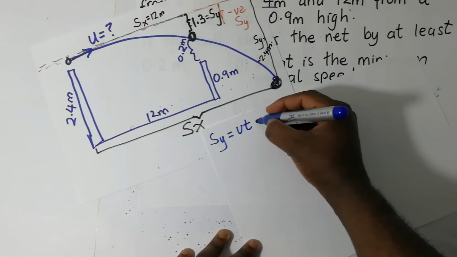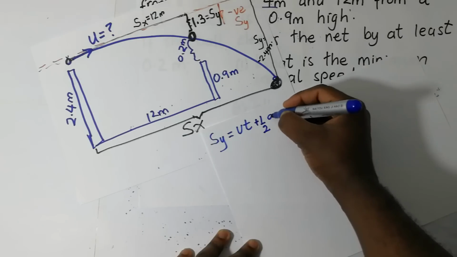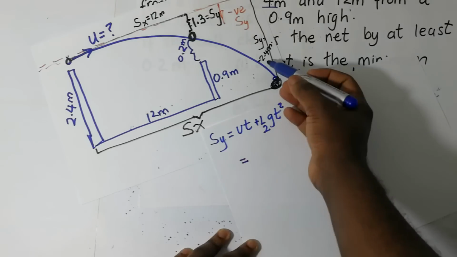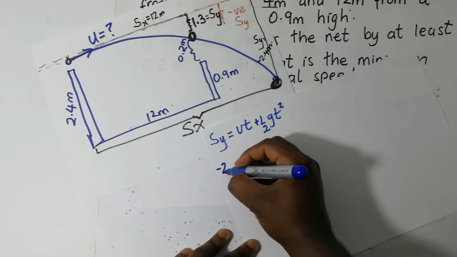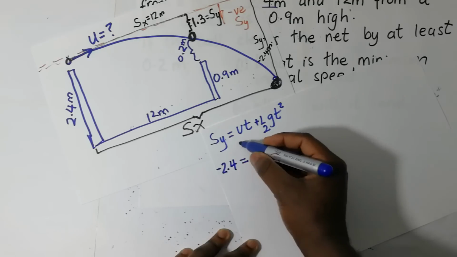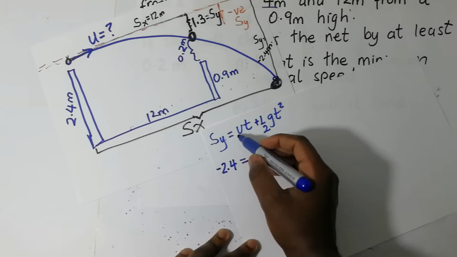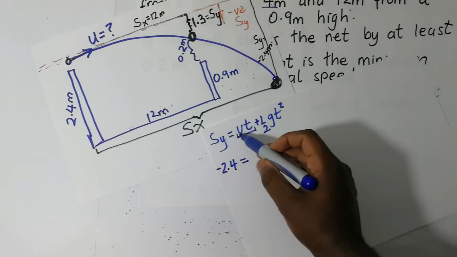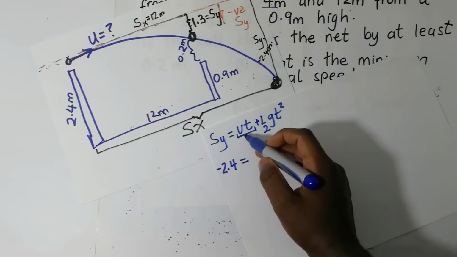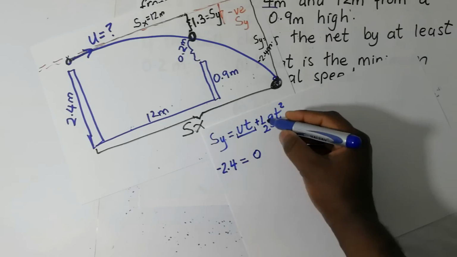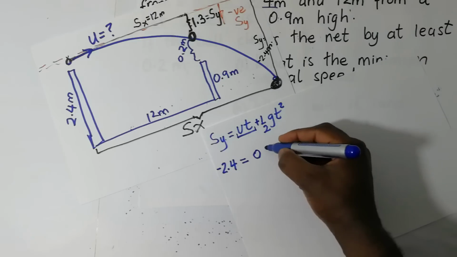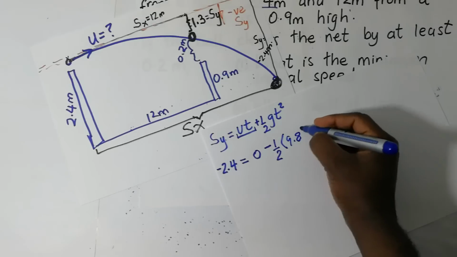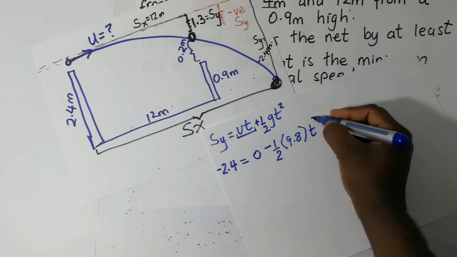ut plus a half gt squared. Its displacement in the y direction will be negative 2.4. So negative 2.4 is going to be equal to, of course, I already explained that u is 0. The ball was served horizontally, so there is no component in the y direction as far as initial velocity is concerned. This g being negative will be minus a half times 9.8 times t squared.